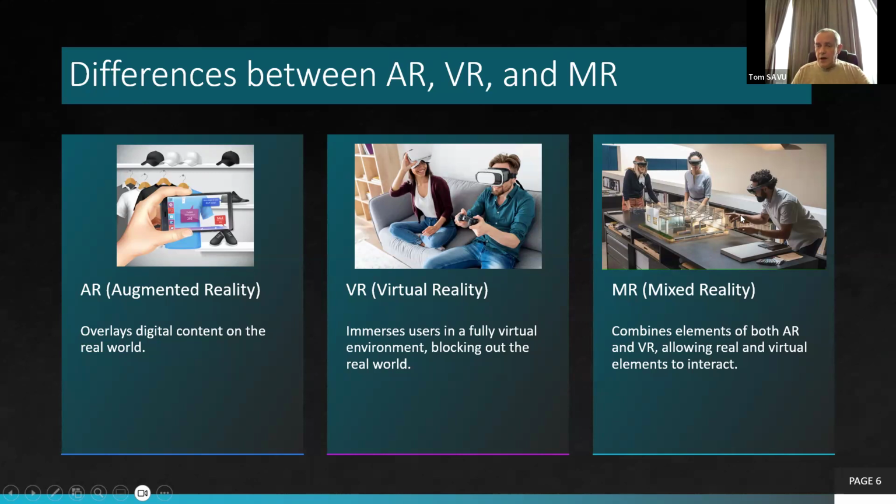In the mixed reality, we are seeing, as the name says, a combination of these two. Here, where the image is pretty small, we are seeing the real environment, so the room, the real table, and so on. And on the real table, we are seeing a 3D model of a building.